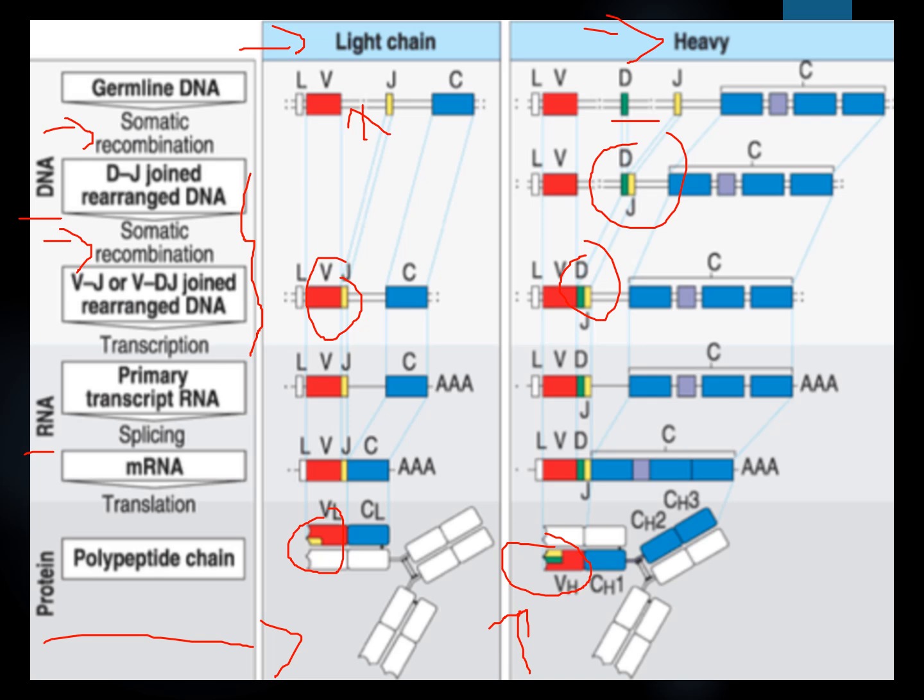Then after you get this new DNA sequence, you get to transcription, and here you have a primary transcript. There's splicing, and you produce this messenger RNA, and then you go to translation, and you end up forming the antibody or the receptor.